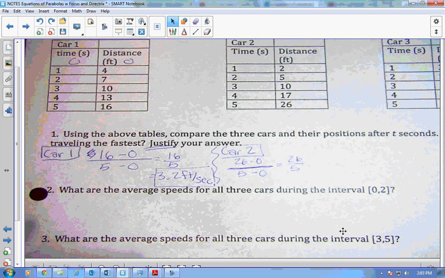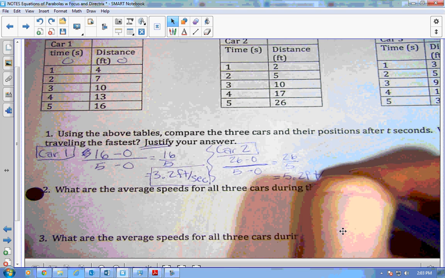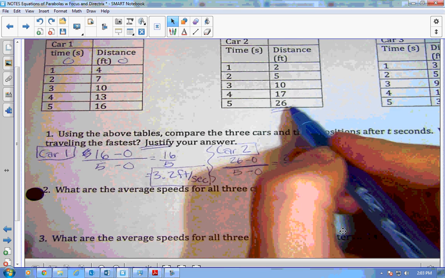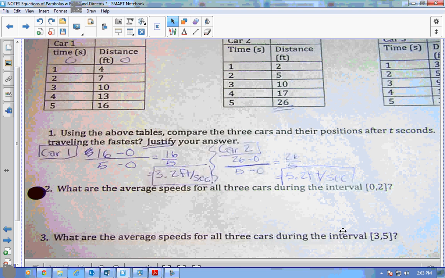Ooh, so far, who has actually been traveling the fastest? And does that actually make sense? Because in the end, he went 26 feet versus car 1 only went 16 feet. Maybe better initial acceleration, right?